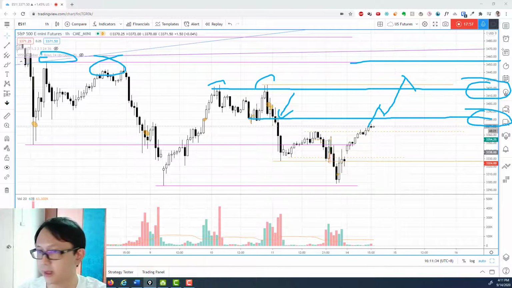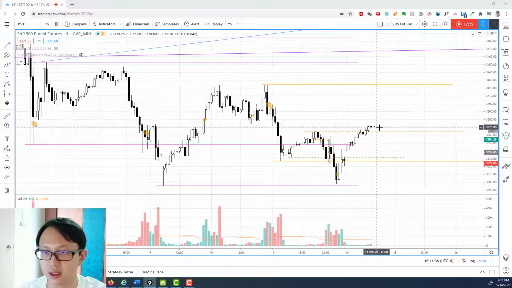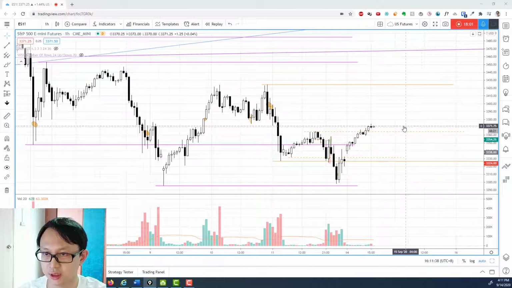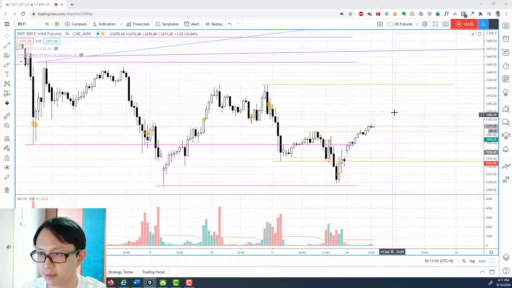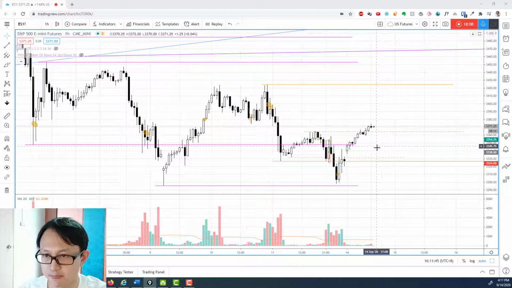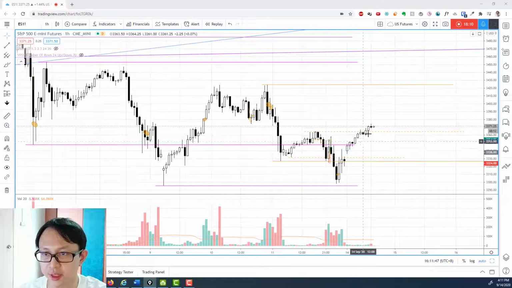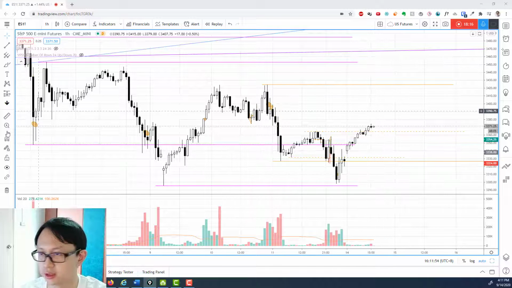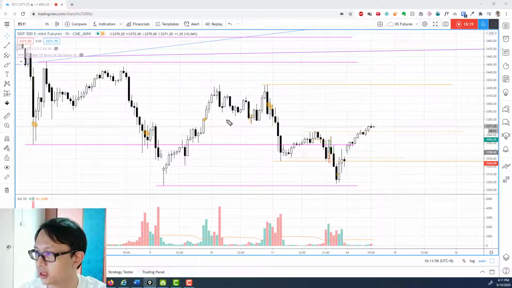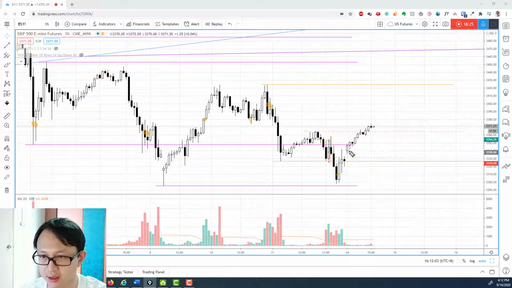All right, so my trading plan for today was actually to look for the continuation to the upside. But first of all, since it has already rallied up quite a bit, if we have a chance to catch a reaction, maybe a pullback, then I'll probably be looking at this gap level here.